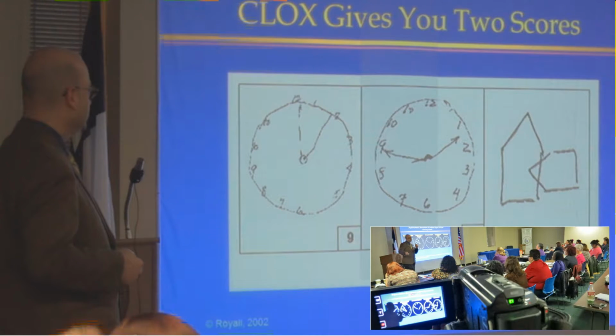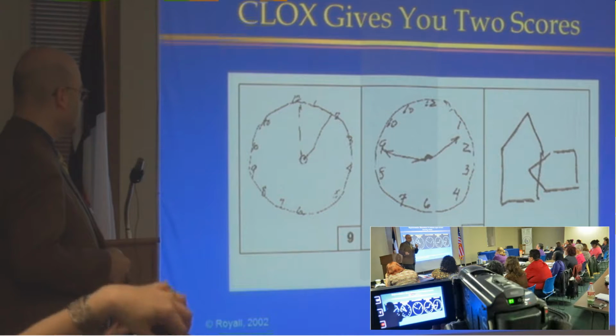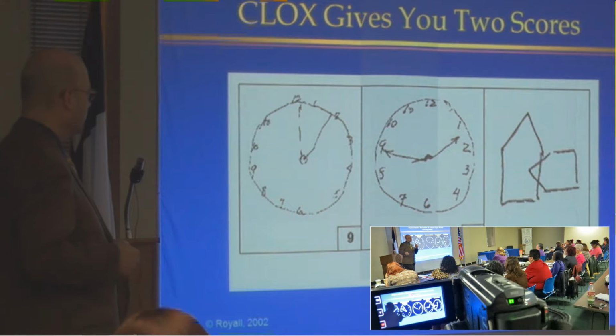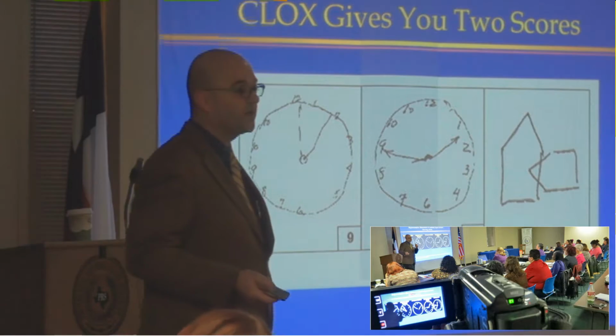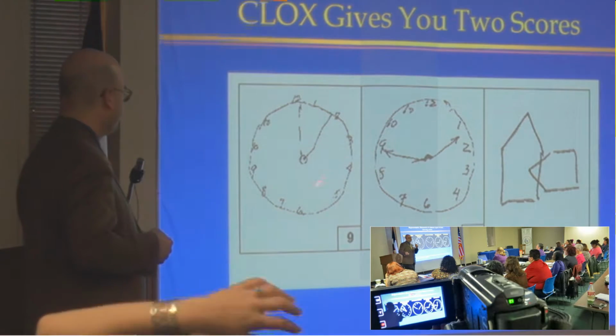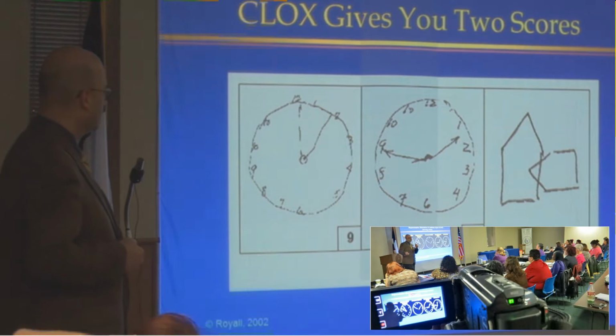So he failed both parts of the clocks, clocks 1 and 2, the executive function part and the visual spatial part, which Dr. Schillenstrom was talking about, how important it is to predict functional status and survival over time.